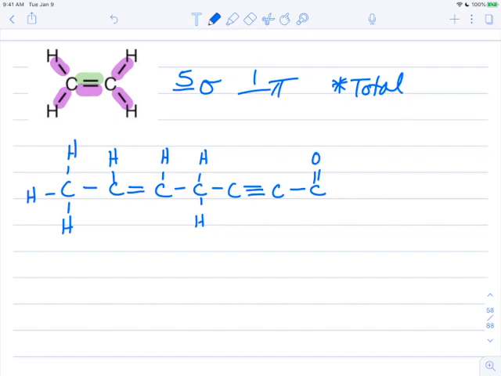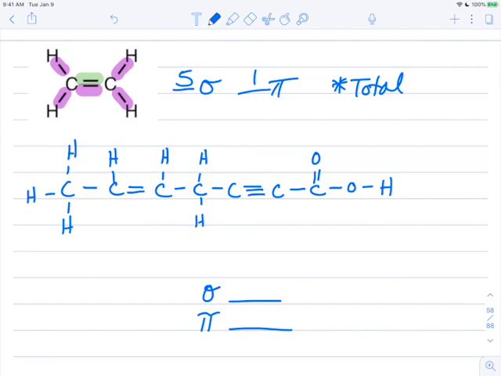Just for fun, I'm going to throw in an oxygen. There we go. All right, so go ahead and take a moment and try to do the total number of sigma and the total number of pi in here.